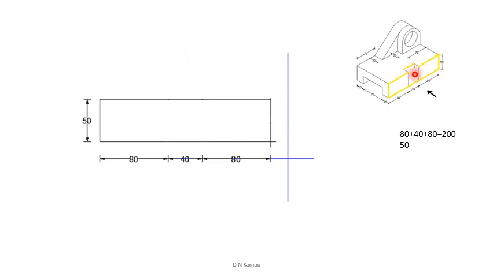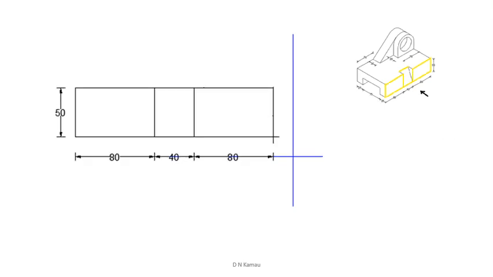So we have finished this part. Next, we indicate this line and this one, those two lines, which are at 80, then that line, then another 40, 40, and then that line, and we have that one.